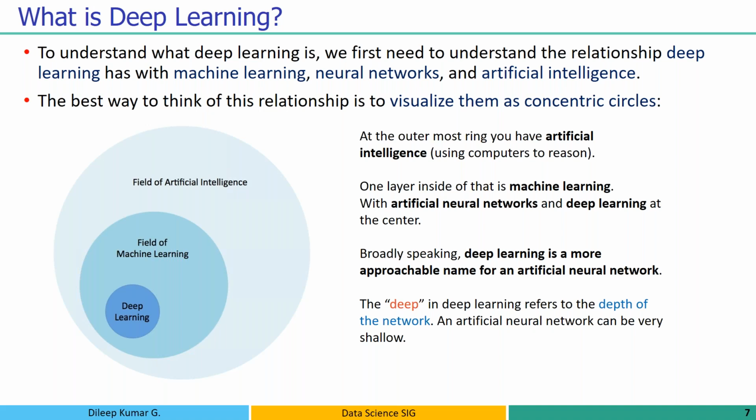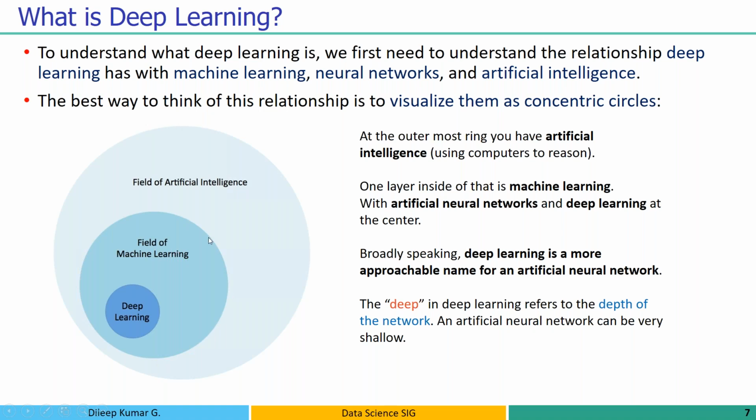This is the relation between these three fields. Artificial intelligence is at the outermost. One important component of artificial intelligence is machine learning. That means you can bring intelligence to the program or to the machine by machine learning only.